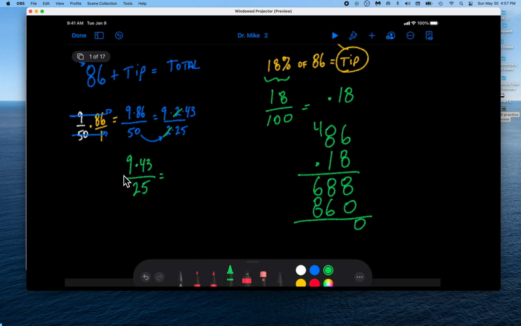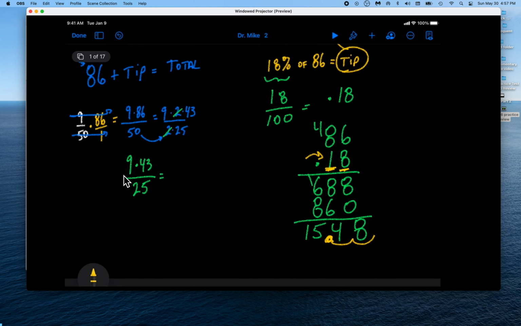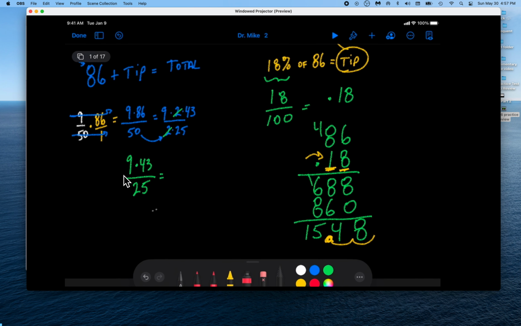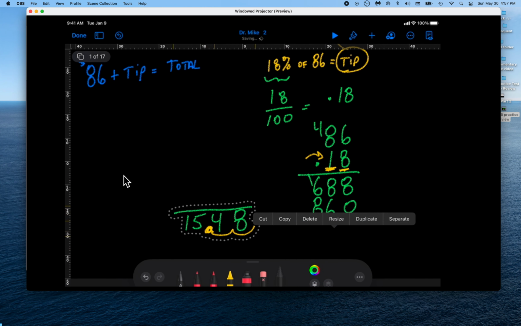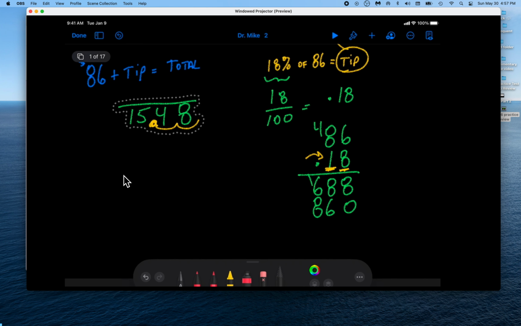Add. Because there's 2 items to the right of that decimal, we move it twice. There's our tip, 15.48. Let me erase all these fractions. It did not help us this time. Now I'm going to take this 15.48 and insert it right there as the tip.